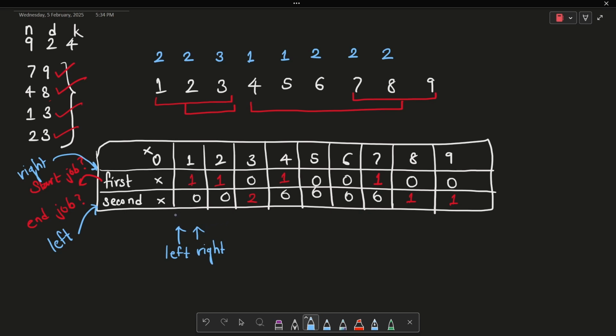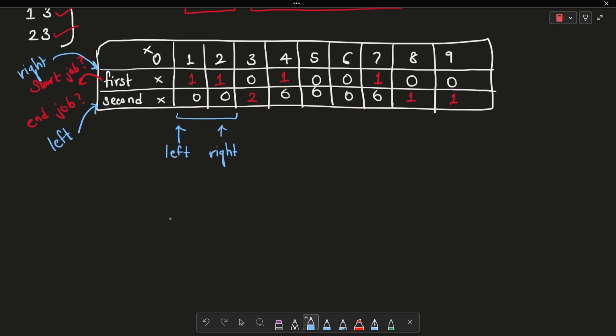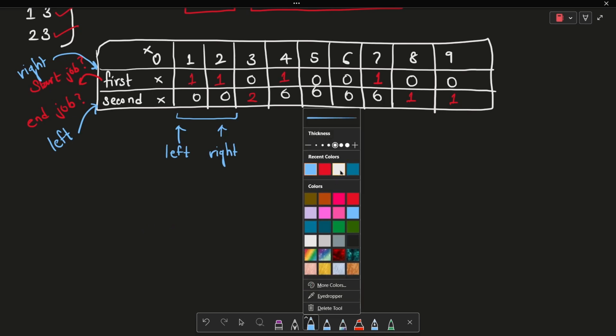My window size is 1 initially, so I'll move my right pointer ahead and see what happens. The right pointer comes here, and now my window size becomes 2. I'll maintain a variable for job count.